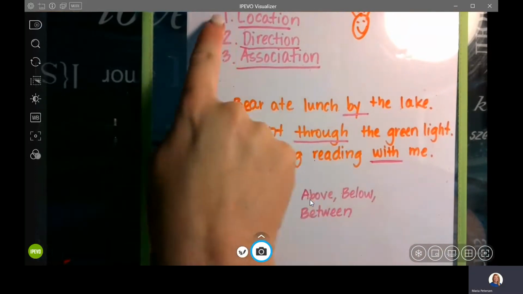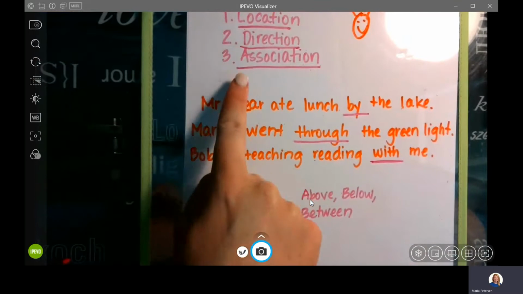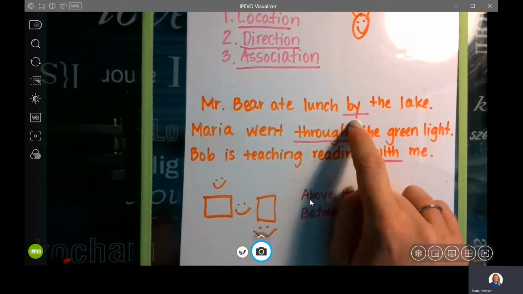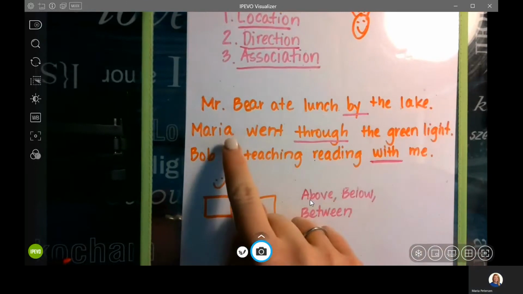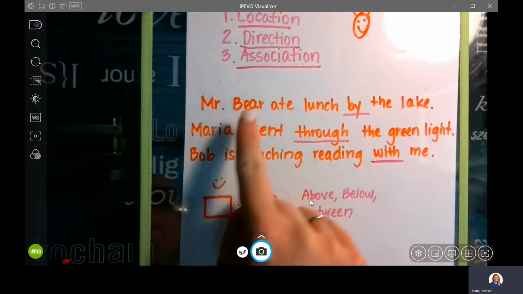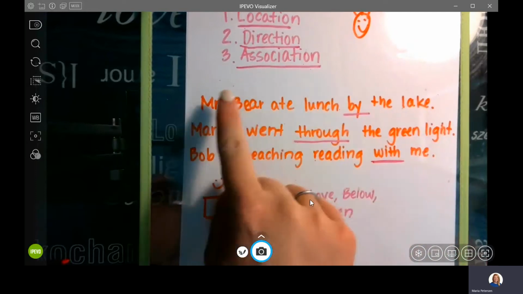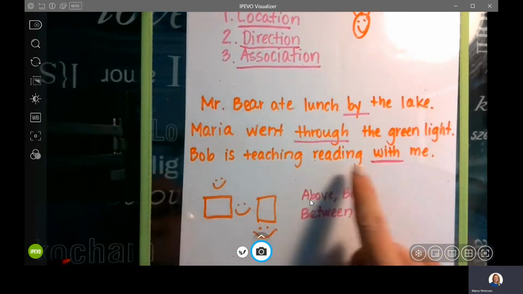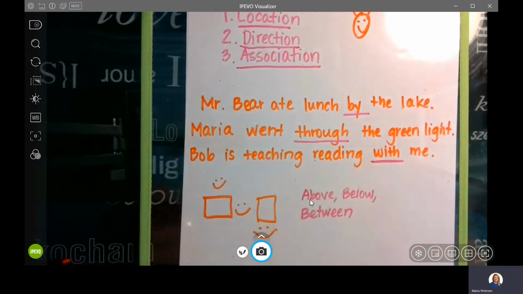It shows us location, direction, and association. Here is the location by the lake. Maria went through the green light, that's the direction. And association is with me. Bob is teaching reading with me.